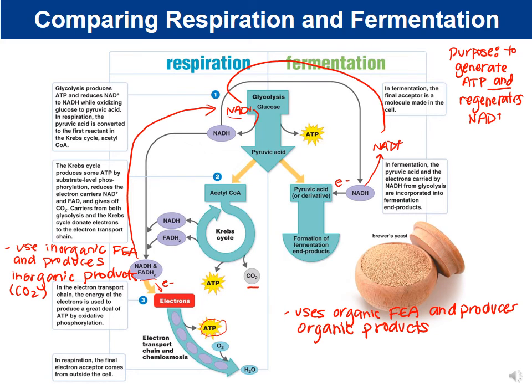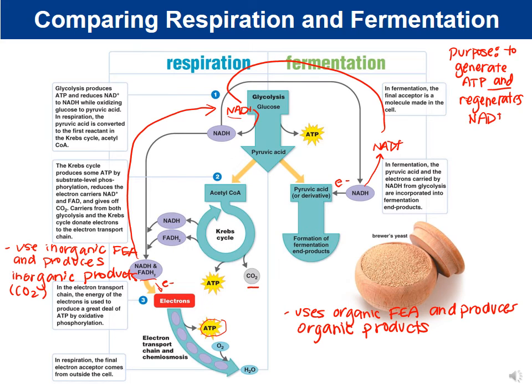So when we talk about fermentation, again, you want to see the big picture. What is the point of doing this? And the point is that if O2 is not available and the organism is not doing an electron transport chain, they still need to be able to do glycolysis to get their ATP. And so in order to keep glycolysis going, we need a way to regenerate NAD+.